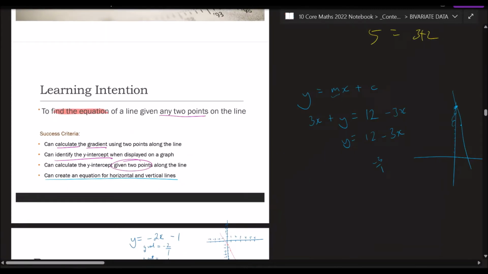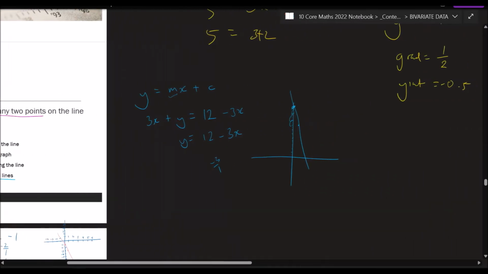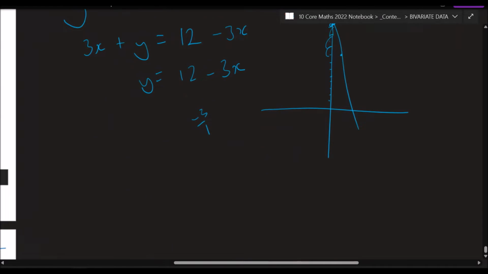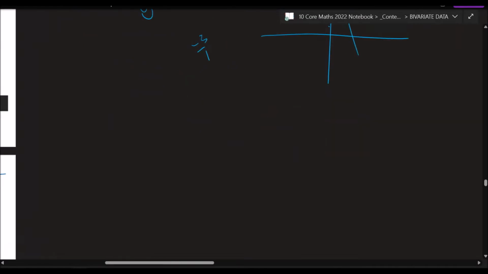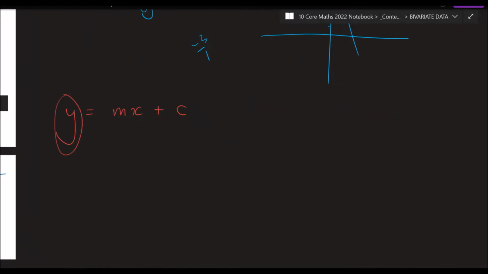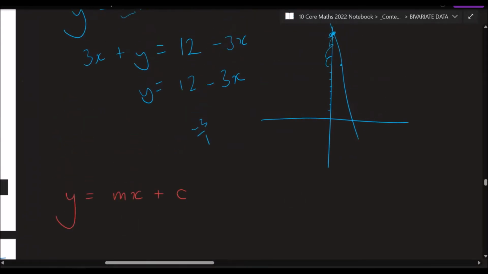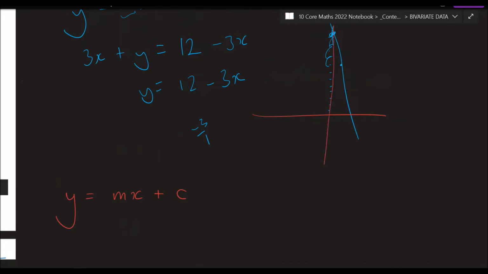Let me quickly recap a couple of things. All of our formulas should look like this: y equals mx plus c. Each letter represents something. x and y represent the x-axis, which is this line, and the y-axis, which is that line.